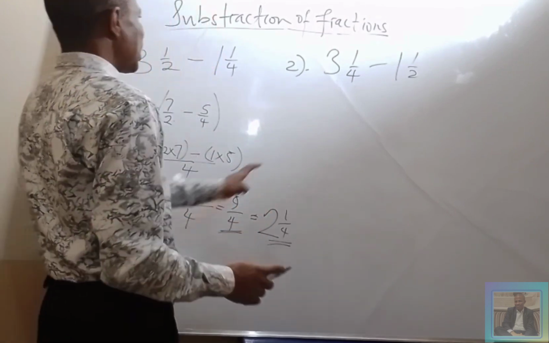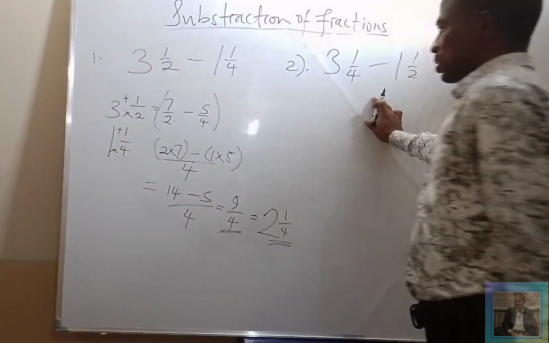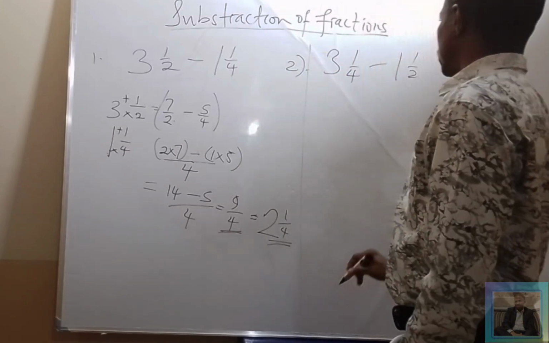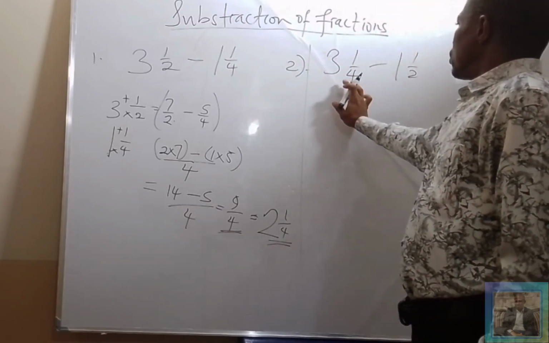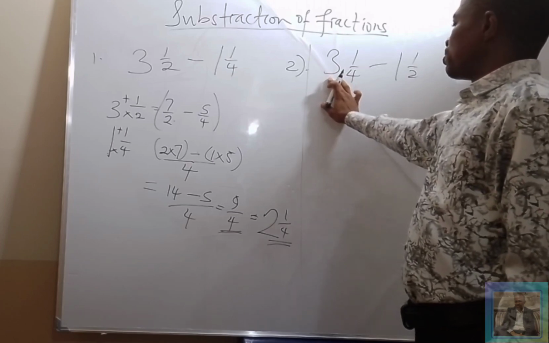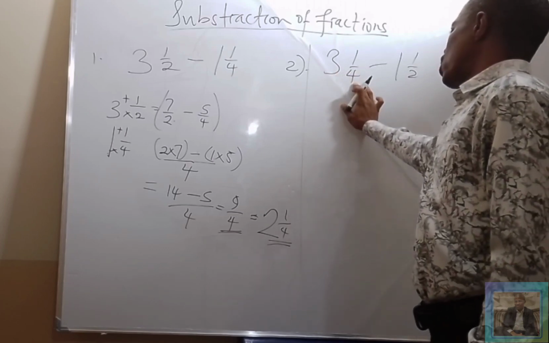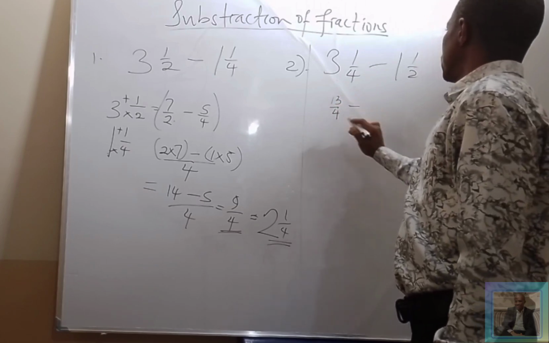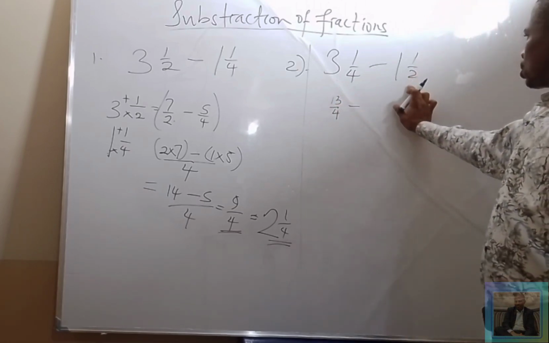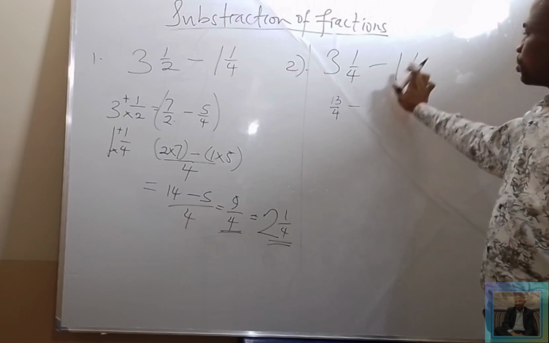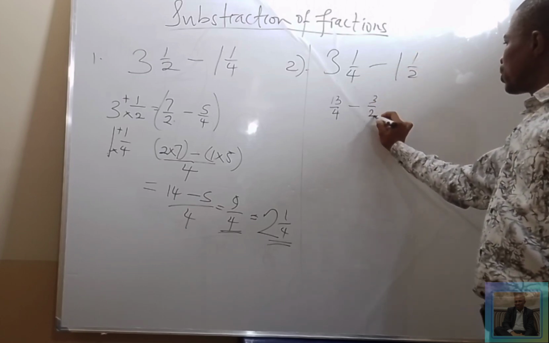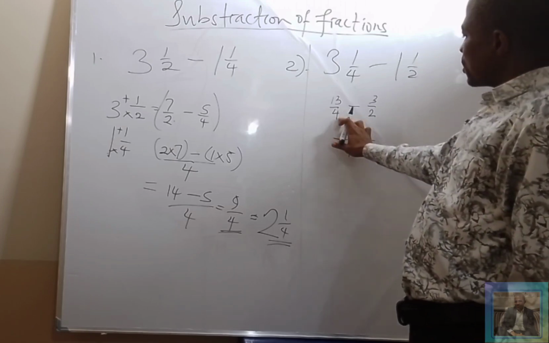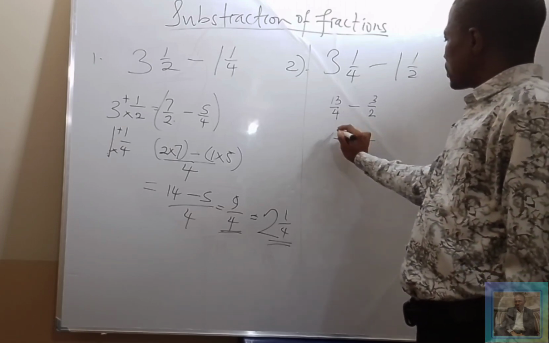Now let's consider this second question and see what it gives us. Let's convert this to an improper fraction. 3 times 4 is 12, plus 1, 13. We have 13 over 4 minus 2 times 1, 2, plus 1, 3, so 3 over 2. We look for a common denominator. What's the common denominator here? 4. How many 4s are in 4? 1. 1 times 13.